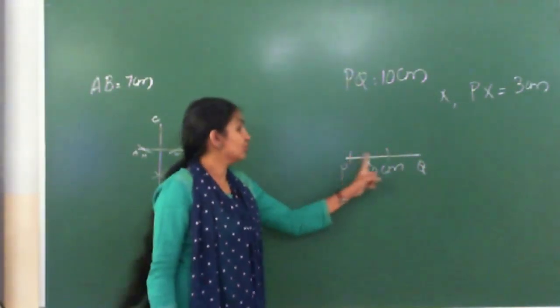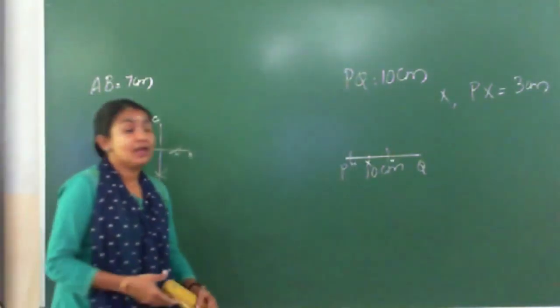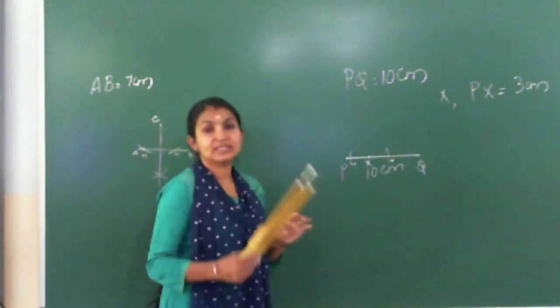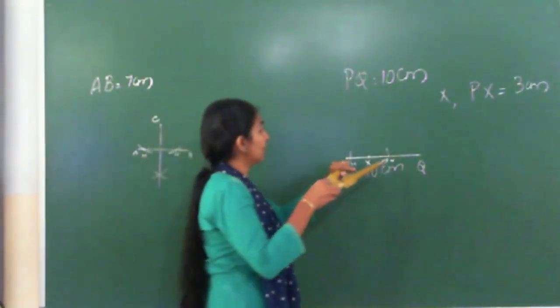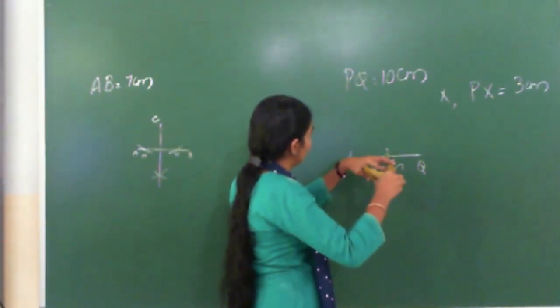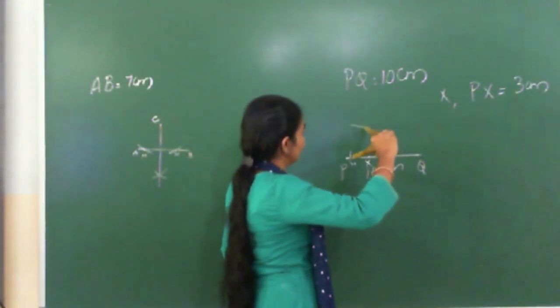So we got two points, just mark them as M and N. Now, keeping M and N as centers, we take more than half the distance and draw the arcs. You can take it full or more than half, it's up to you.